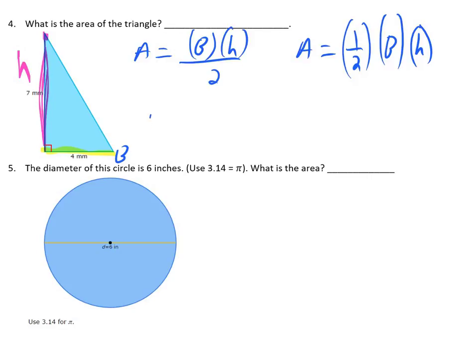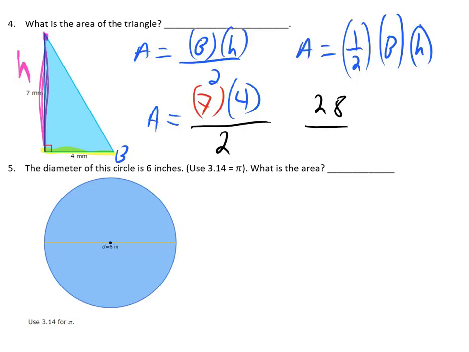So we see that area equals 7 times 4 over 2. 7 times 4 gives us 28 over 2, which ultimately gives us 14, and that's what our area equals. 14 is the area.